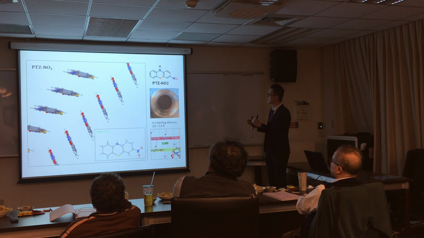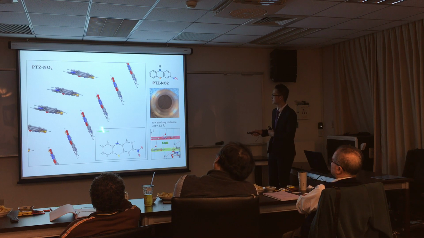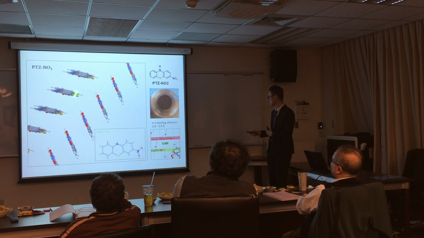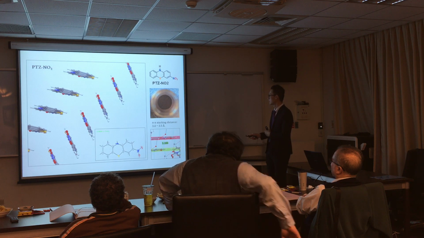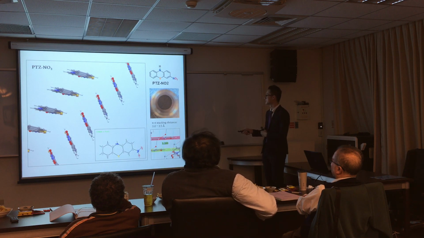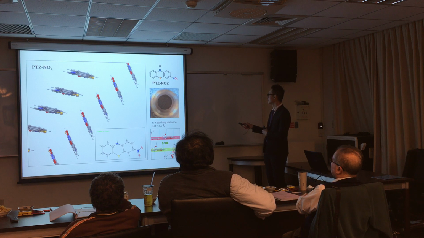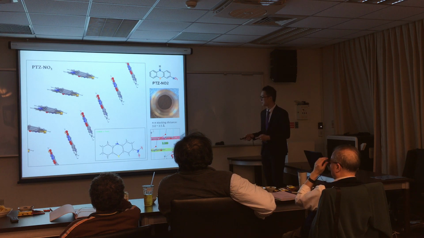This is called herringbone packing, like a fish bone over here. And this packing has very good pi-pi interaction. The ideal pi-pi stacking distance is 3.0 to 3.5 angstrom, and the distance between planes is 3.335. So this is within the pi-pi stacking distance, so it has very strong pi-pi stacking. Therefore, it absorbs a large amount of light in the solid state, so it's black.